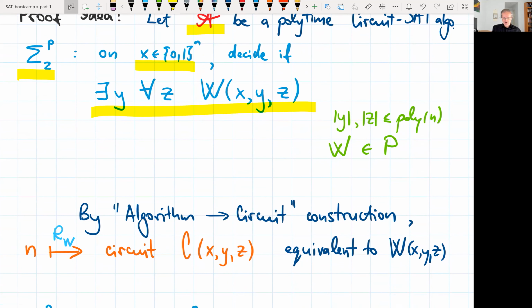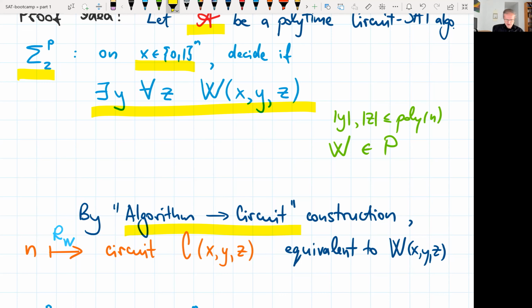Now we get to use the algorithm for circuit construction that we used to prove the Cook-Levin theorem. Remember, we argued that if I have a polynomial time algorithm, or more generally an algorithm running in time t, then we can efficiently construct a circuit of size roughly t, or t log t to be precise, that is functionally equivalent to this algorithm, the Turing machine.